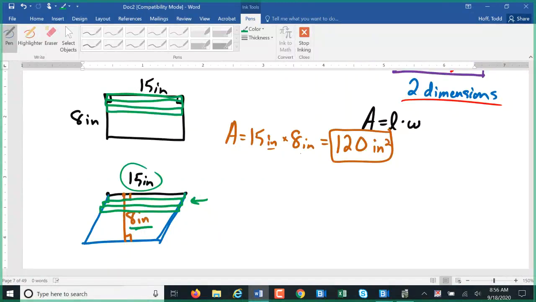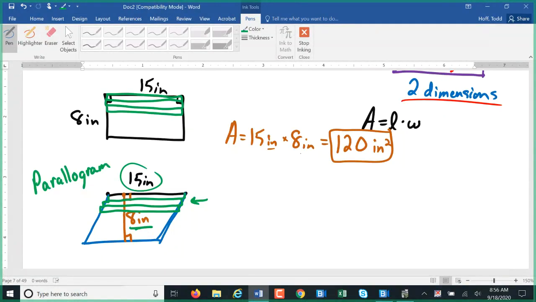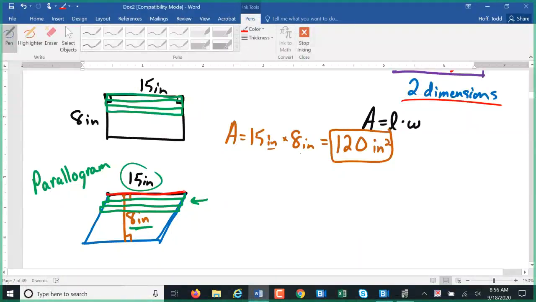So the area of this, which is called a parallelogram, is the same as the area of that rectangle. It is the distance between where that line segment started and where it ended that matters. So the area here is still that 15-inch original segment times the distance moved of 8 inches, for 120 inches squared.